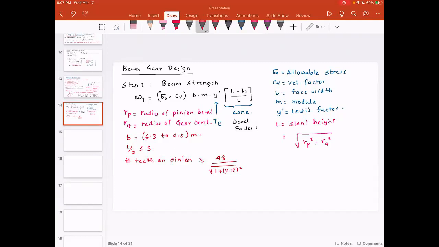The next part is step 2. Find dynamic load WD, and the equation for dynamic load is the same as spur gear.